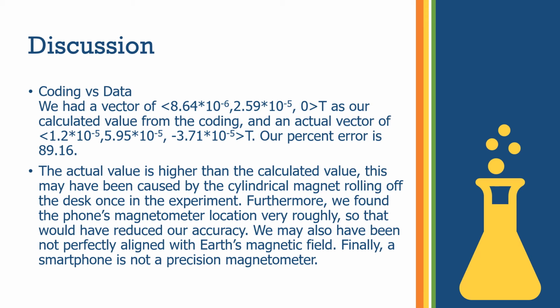And then we might not have been perfectly aligned with Earth's magnetic field. While we did our best to zero out the X component, it may not have been done perfectly. And finally, a smartphone's magnetometer is designed for getting a vague idea of which direction you're pointing. It's not a precision instrument, so that would have further added to our error just because of how inaccurate the magnetometer is in general.